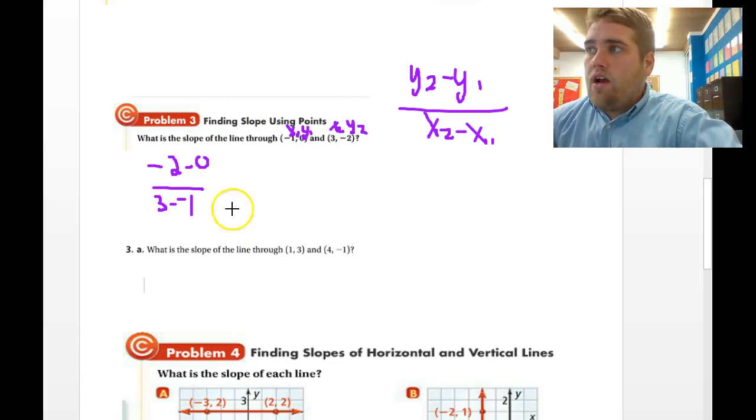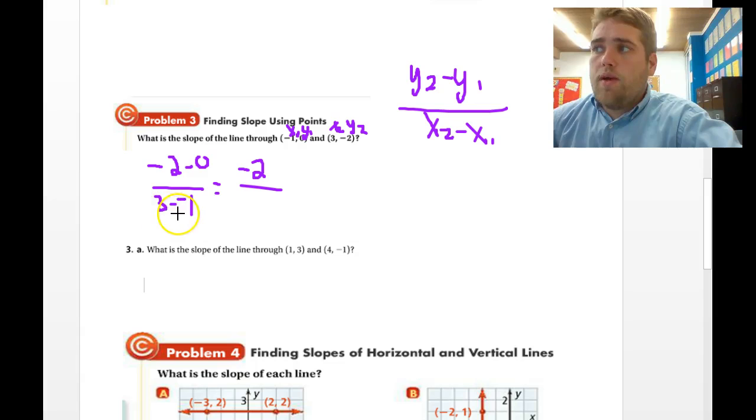Okay, then I plugged into my formula. So y2 is -2, y1 is 0, x2 is 3, x1 is -1. Okay, so -2 minus 0 gives me -2. 3 minus -1, well, that turns into a plus, which is 4. So my slope is -1/2.